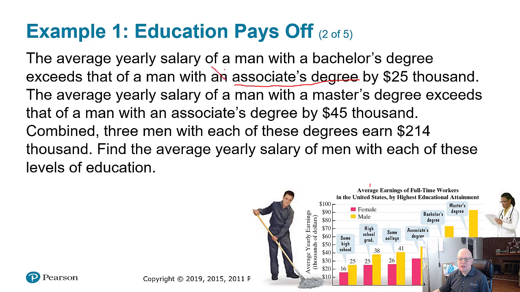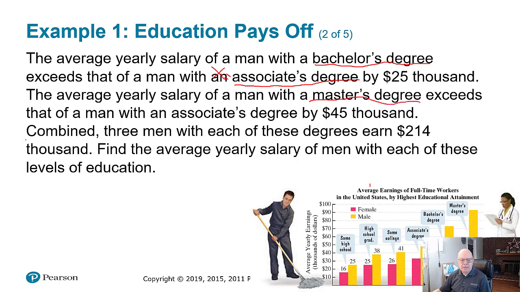So this is what you want to let be your x. And of course, the wording is a little bit better than that. This will be x equals the average yearly salary of a man with an associate's degree. Then you'll get an expression for one with a bachelor's degree and one with a master's degree.